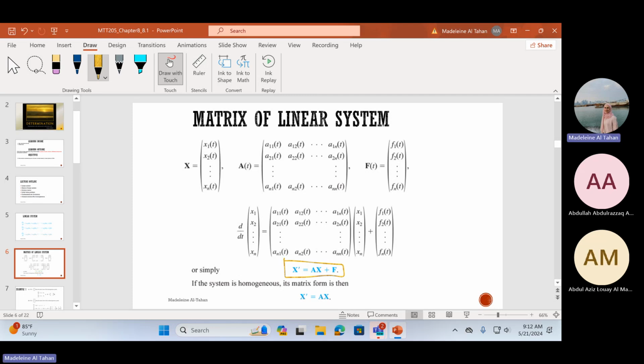Equal Ax plus F. What do you think will happen if this F is equal to 0? If F equal to 0, what would we call the system? Homogeneous system. Okay? So this one, if F is equal to 0.